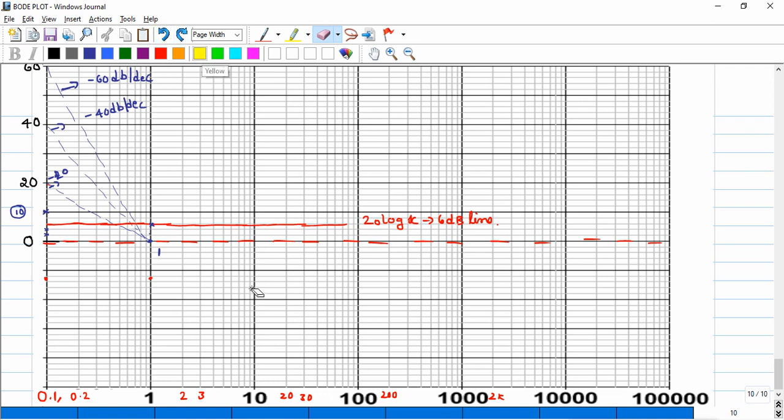With reference to this 20 log k line, you need to draw a parallel line. Let me draw that first. This particular line, I will use a little bit thick line.